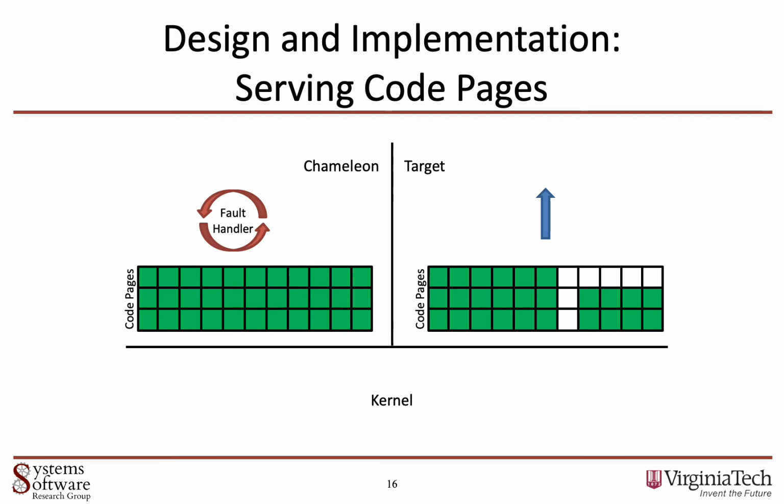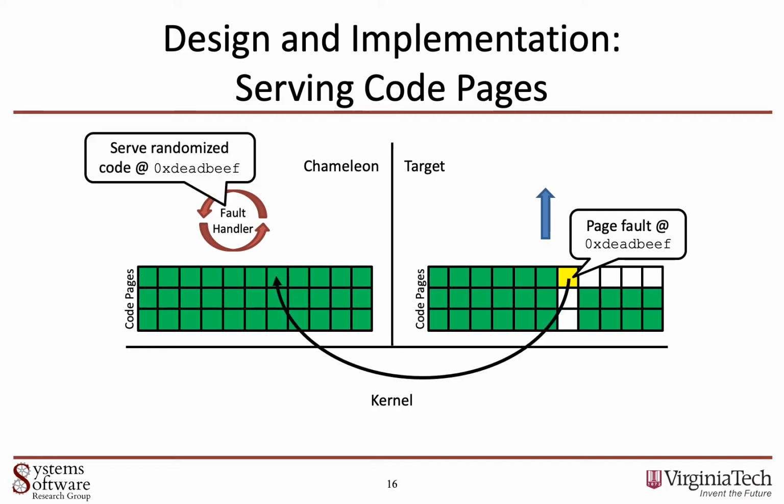So after the target has been executing for a while, it's got some code pages mapped in. So an individual code page fault happens like this. The target application touches a particular code page, creating a page fault. So for example, here, there's a page fault on the page containing the address hex dead beef.